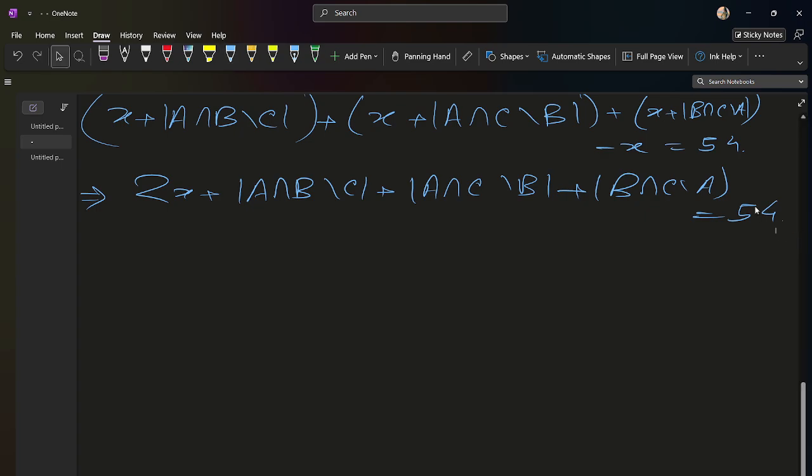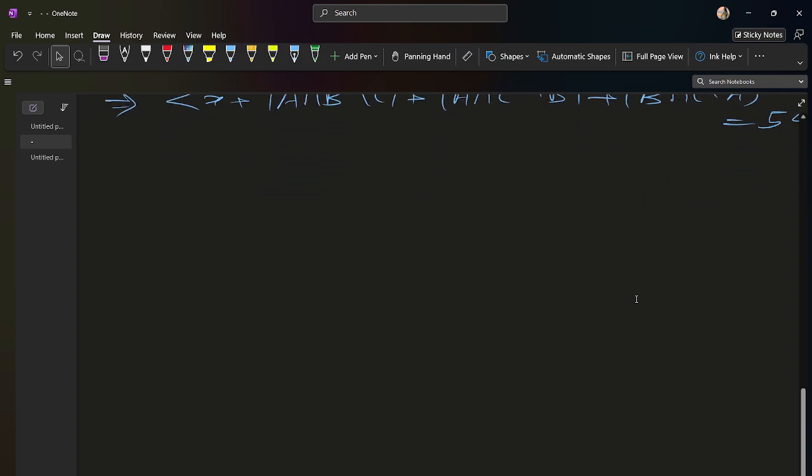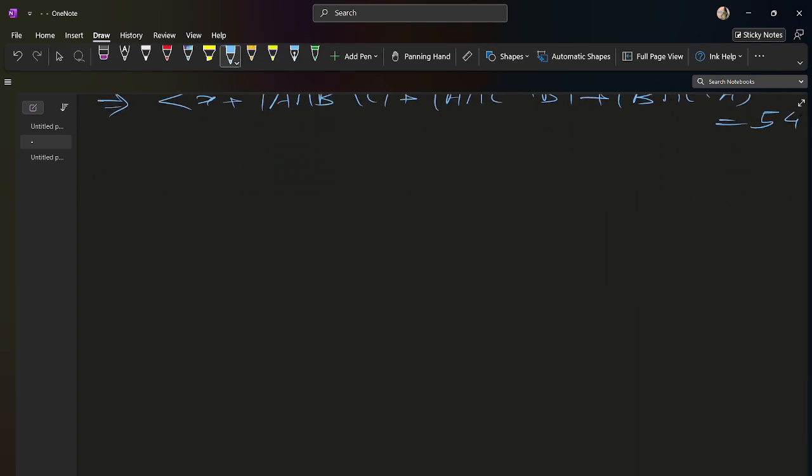Okay, so now the constraints on the pairwise intersections. They told us at most. So, let me write with another color. The number of elements in A intersection B has to be less than or equal to 19.